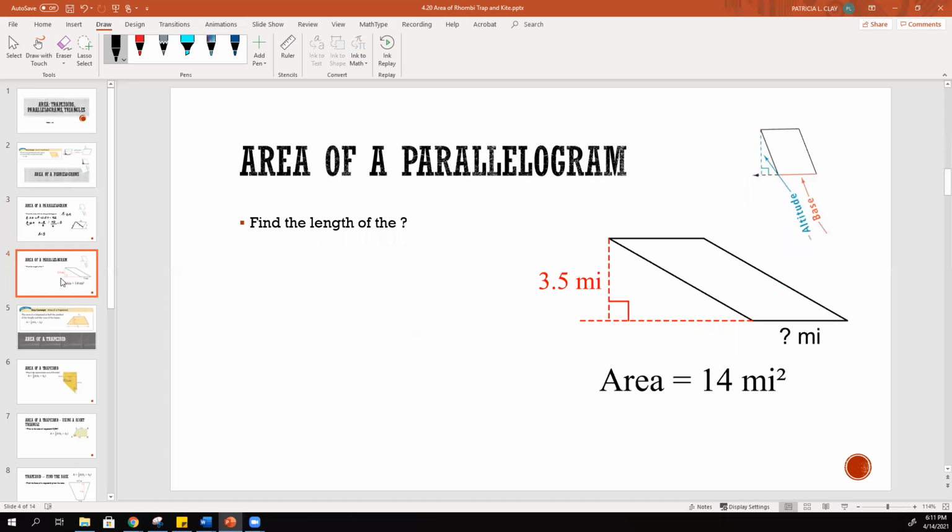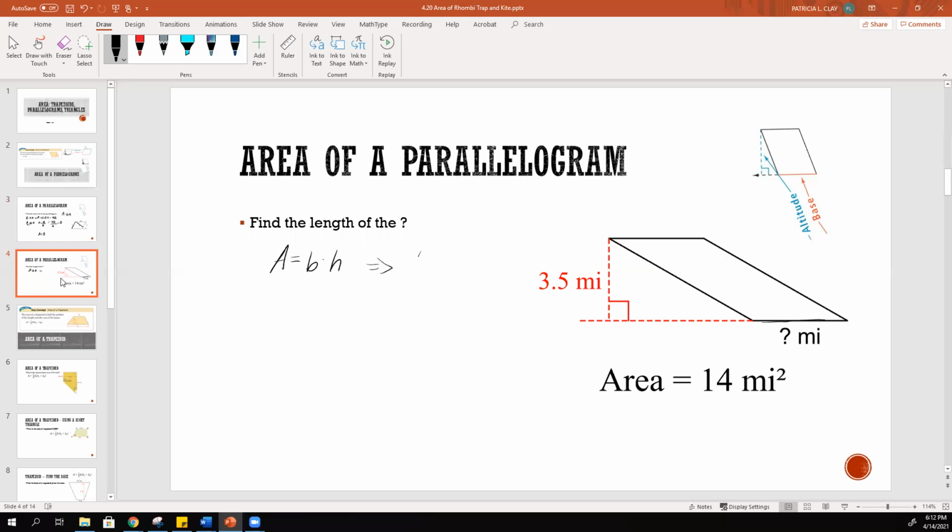Okay, so this one we're going to work backwards because we have the area, and now we're trying to find the base right here. See, we've drawn a little imaginary line right here to help give us our altitude, or our height. So remember, our formula is area is equal to base times height. We need to find the base this time, so let's rewrite our formula.